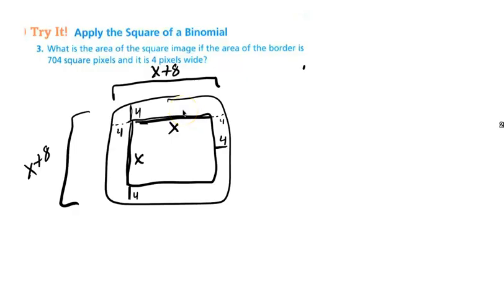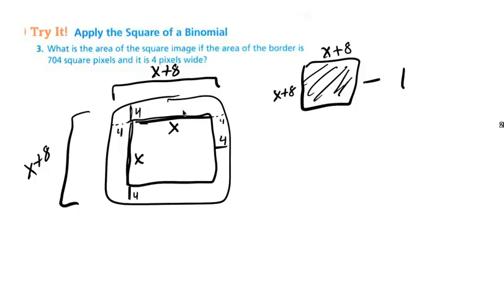So what we're going to do is take the area of the whole thing, which is x plus 8 times x plus 8, minus the area of the inside, which is just x times x, and that'll give us the area of the border, which we know is 704.